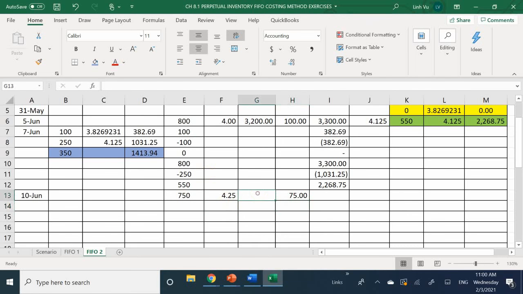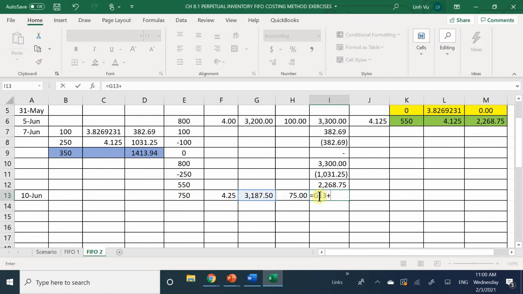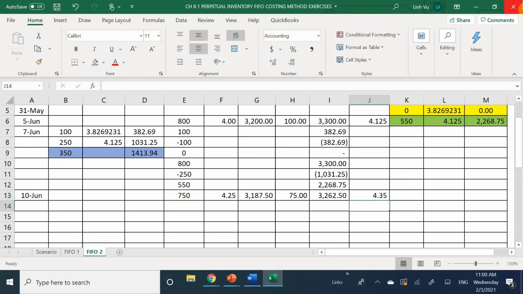Okay, so what's my total purchase price here? 3,187.50. Good. And my total cost? 3,262.50. Okay, and my cost per item is going to be 4.35. Is 4.35 even? Oh, yes, 4.35. Perfect.